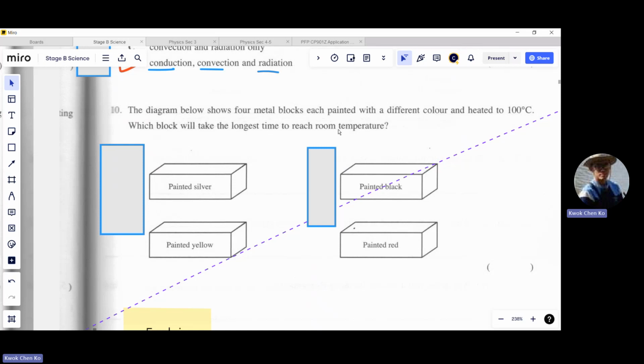Poorest means longest time, right? Yeah, it's not losing heat. You want to retain heat. C, yellow. Wait, A. Because brighter and silver is like metal, and metal is shiny. Yeah, so it's going to lose heat very slowly. Okay, good, piece of cake.